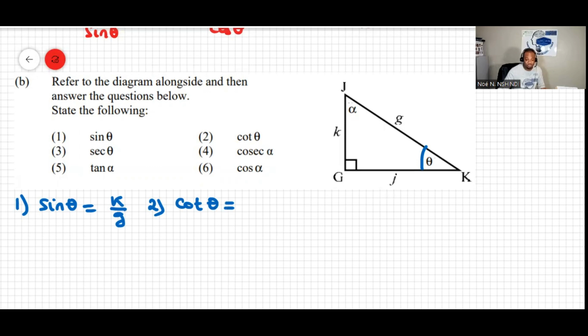Cot is the reciprocal of tan, so tan is opposite over adjacent, but because it's reciprocal, we can switch. It's going to be adjacent over opposite, so it's going to be J over K.